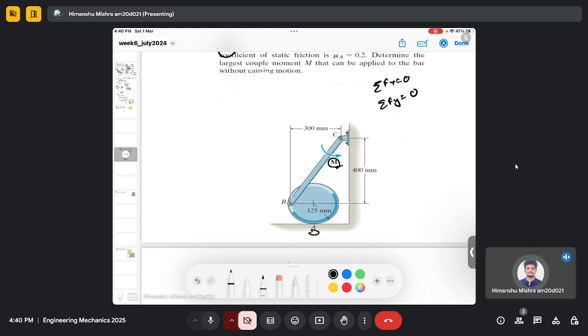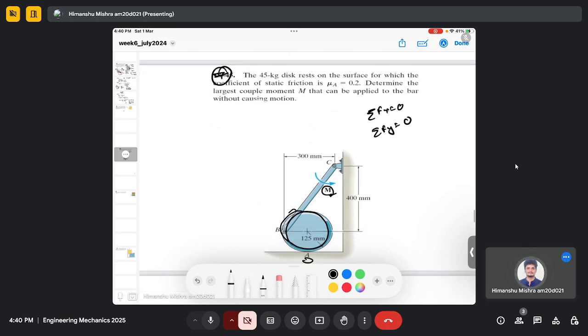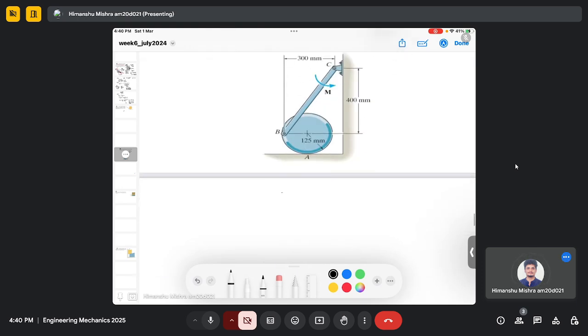So we can actually divide this problem into two. First, we can consider only this part where we have a disk, and then we can consider this bar separately. So we have to make two free body diagrams. Let's say first we consider only the disk here.